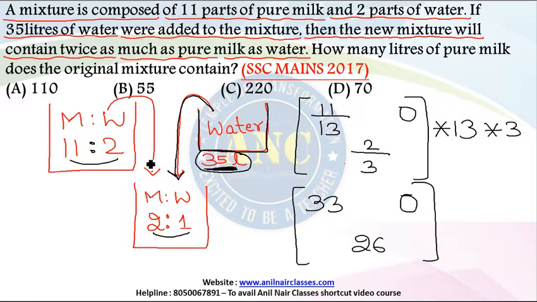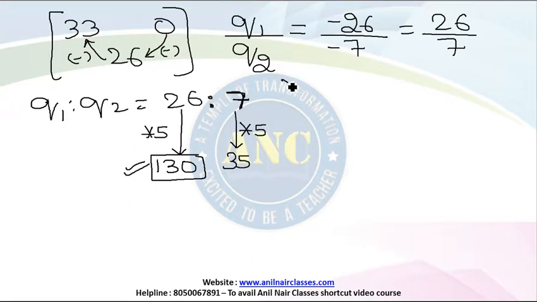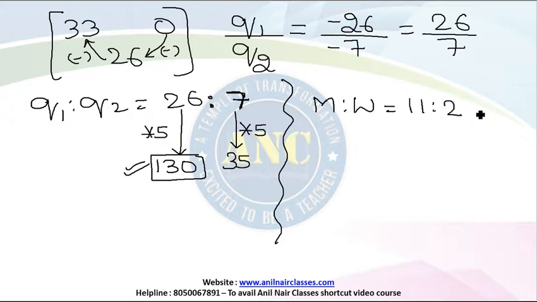But according to the ratio, milk and water in the first vessel is 11:2. According to the ratio, 11 liters of milk, 2 liters of water, totally 13 liters of mixture in the first vessel. But the question says it is not 13, it is 130. 13 should become 130.